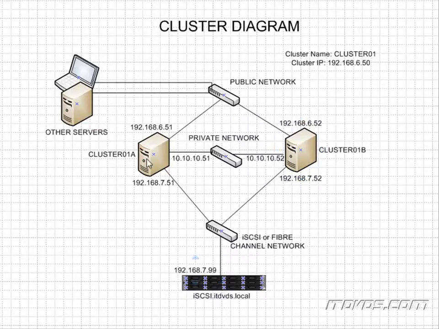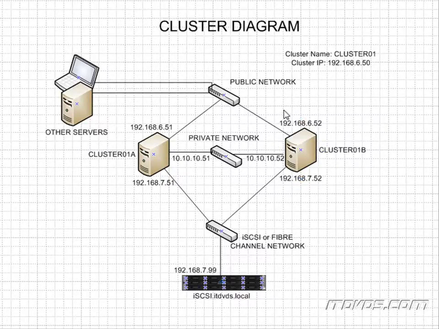So let's say on cluster 01A, our shared storage is the G drive. When we fail over to cluster 01B, cluster 01B is now going to own that G drive, and it will become active. And all the data is the same because it's the same spot on the disk. We're not copying data or anything like that. It's the same data on the disk.